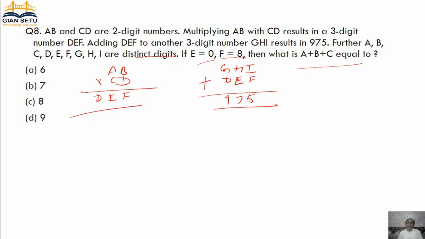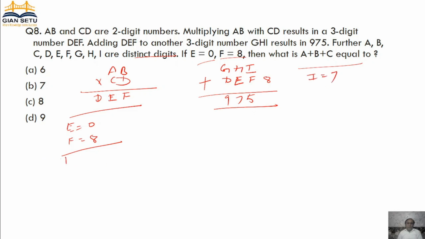Now if we closely observe this sum, we are given that E is equal to 0 and F is equal to 8. Now when F is equal to 8, to have 5 at the units place in the result, we must have I equal to 7.